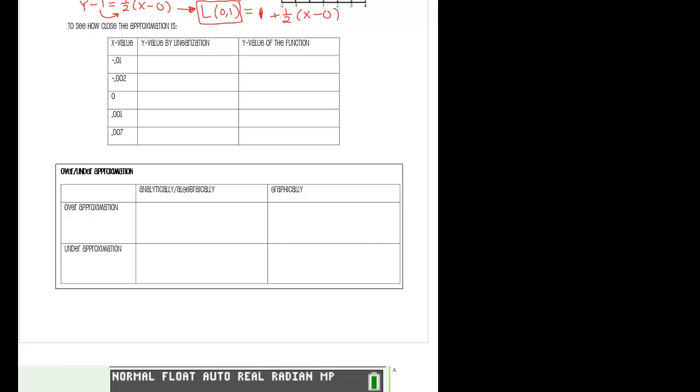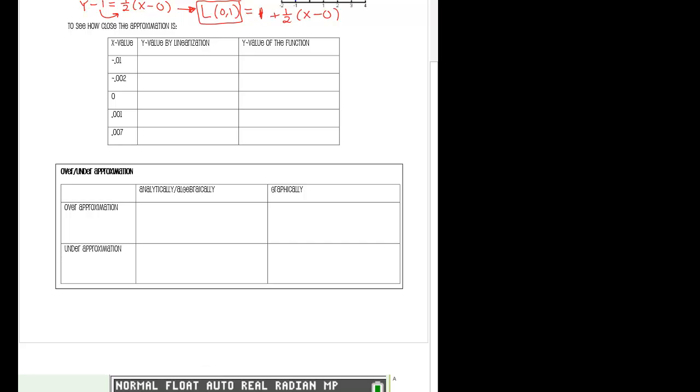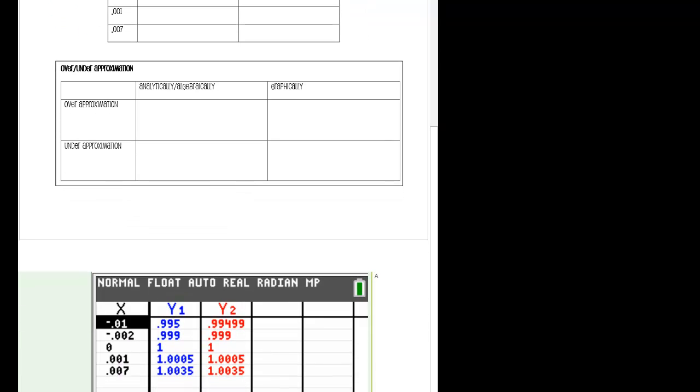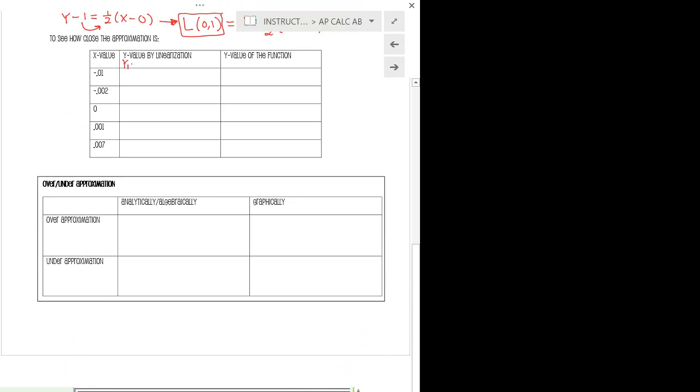So what you see down here is that I took my calculator, and the y1, the y value by linearization, I substituted in that y1 is equal to 1 plus 1/2 times x minus 0, and then the y value of the function, I substituted in y2 is equal to the root of 1 plus x.